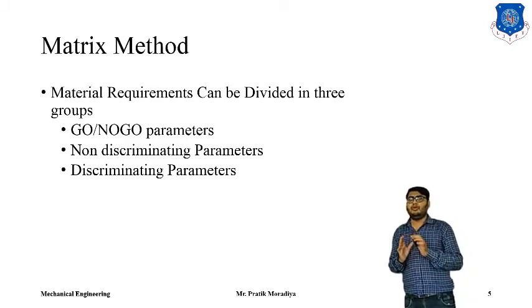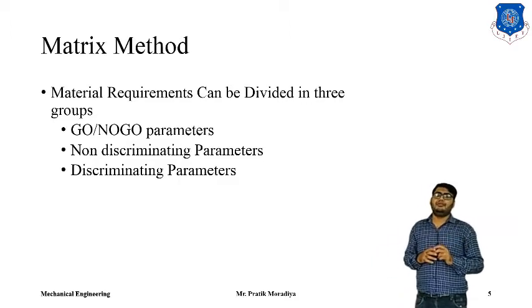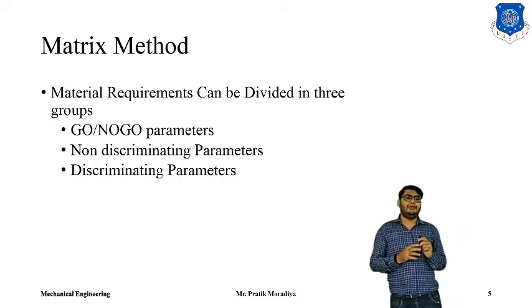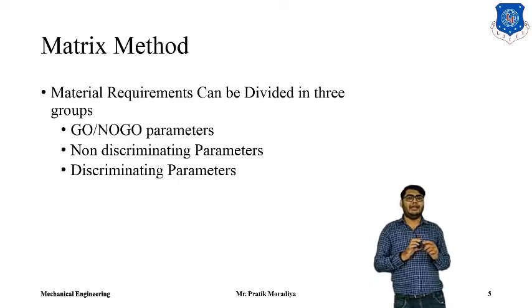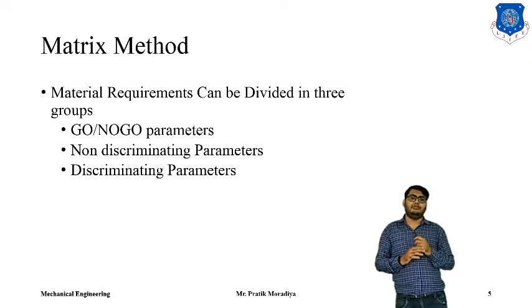So what are go/no-go parameters? There will be some parameters which we only require to be met. We do not give any emphasis to how much we are achieving in those parameters. For example, we want a material which is conductive.